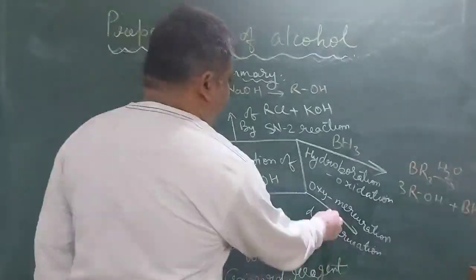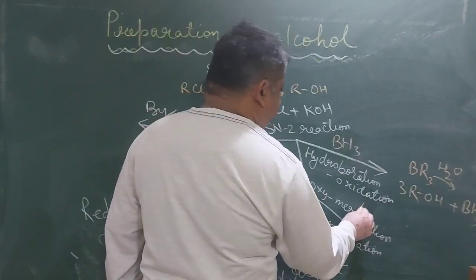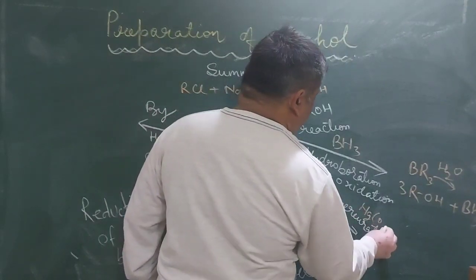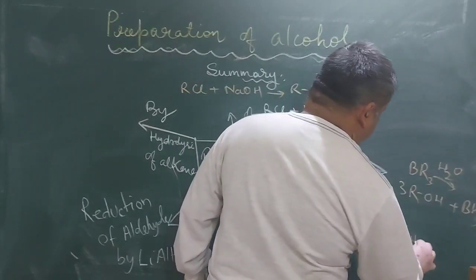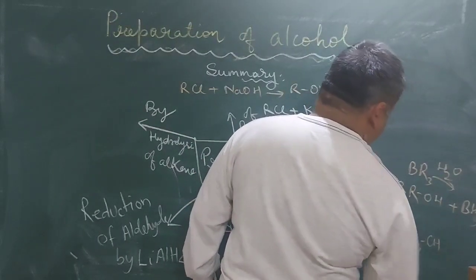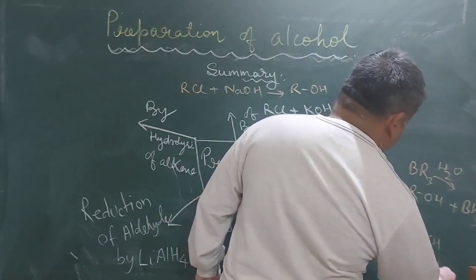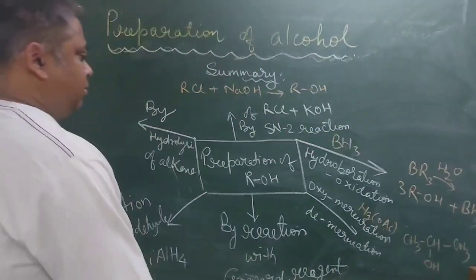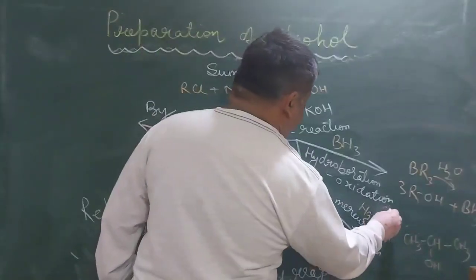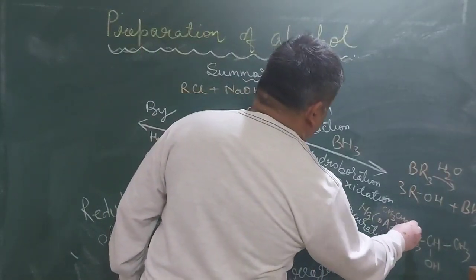With this what did we see? We used mercuric acetate, HgOAc, and it was forming CH3COH CH3 if it was made to react with CH3CH=CH2.